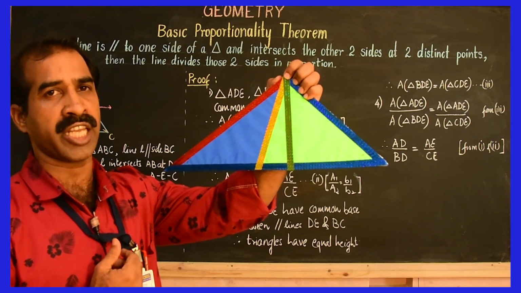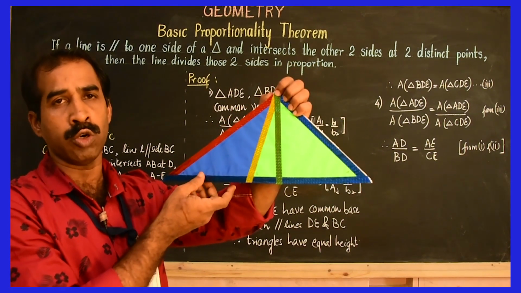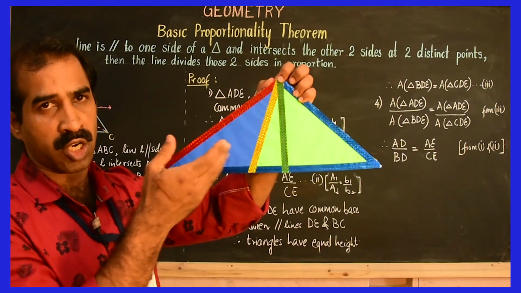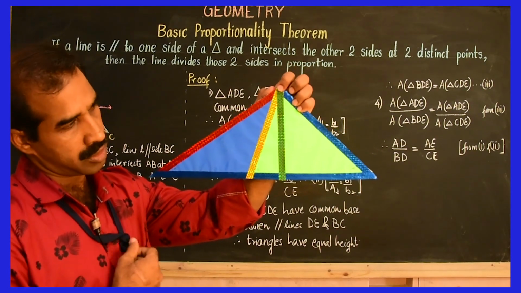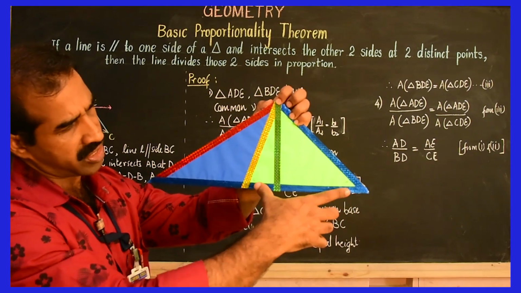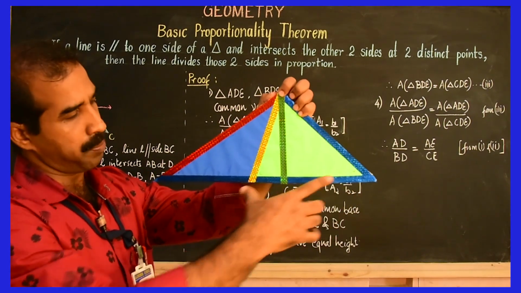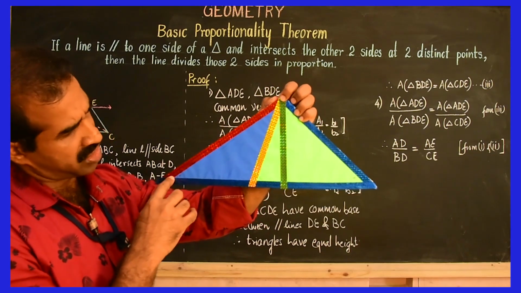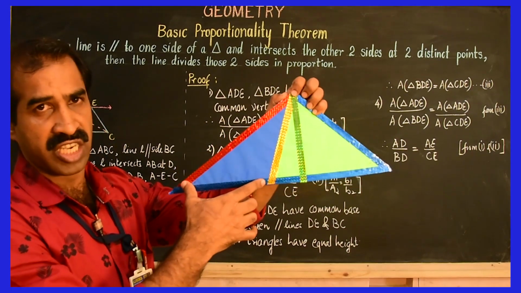So again using the property A1 upon A2 equal to B1 upon B2 because height is common. The base for triangle AED is AE and the base for triangle CED is CE.